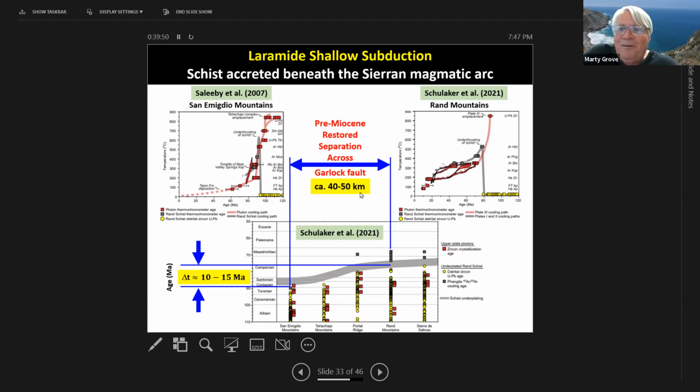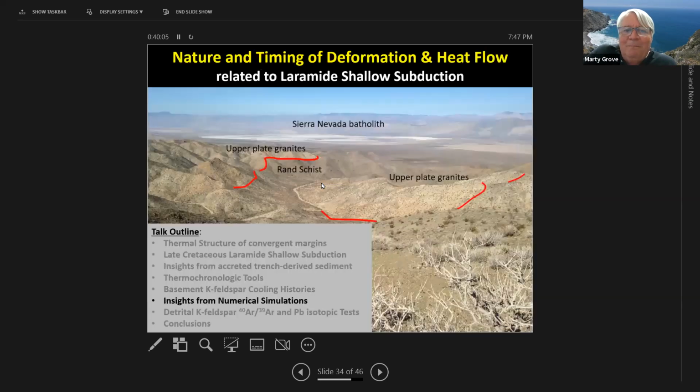So in 10 million years, you have 1,000 kilometers of underflow. Here we have 15 million years, and it really looks like not much is happening. So we'd like to try to understand this a little better.